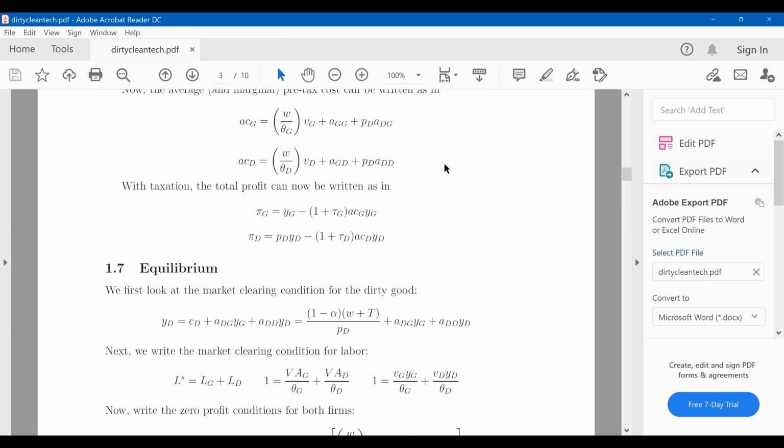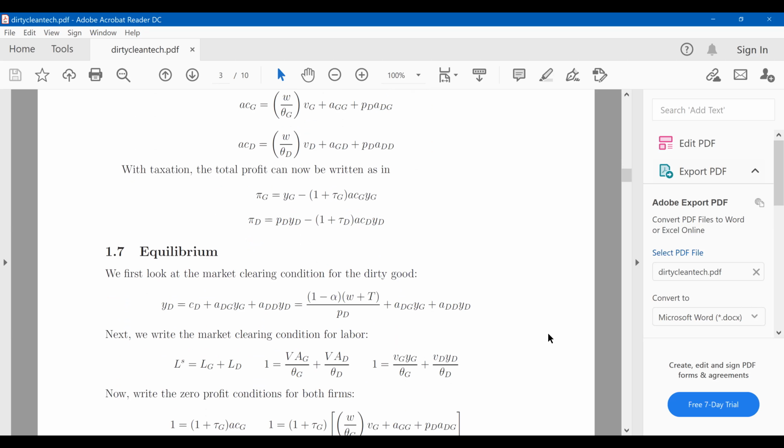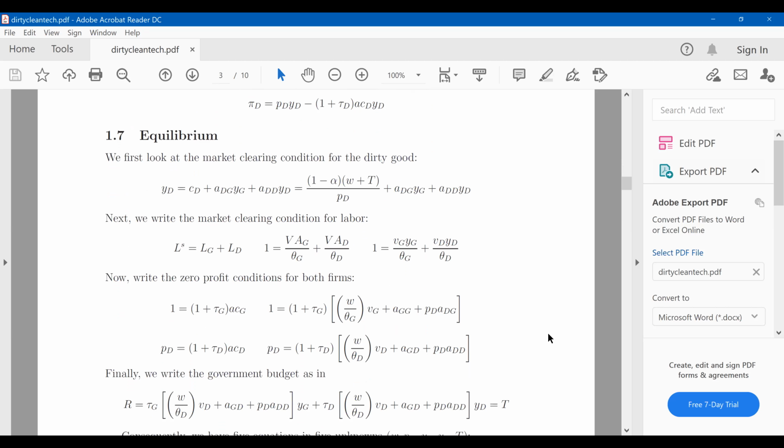Now we have all the components, and now we can look at the equilibrium. All right. Now first, we're going to look at the market clearing condition for the dirty good. Remember that the market clearing condition for the green good is assumed away, right? Because this market is going to be cleared by the Walras law, right?